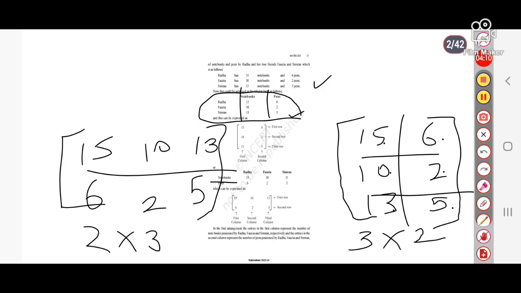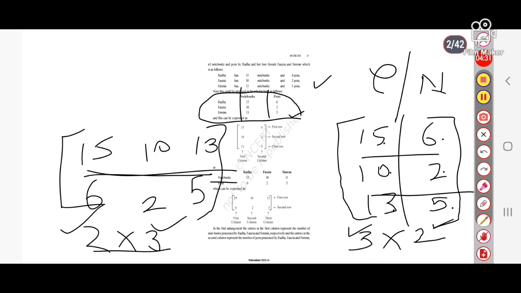According to the way we represent the elements, the arrangement changes, whether it is 2 rows and 3 columns, or 3 rows and 2 columns. But the entire thing discussed in the question is the same.